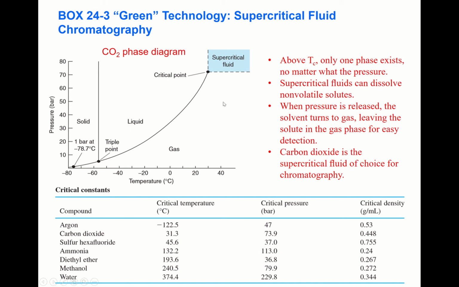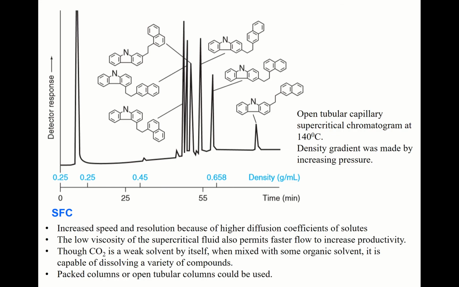You lower the pressure, and the supercritical CO2 immediately becomes gas, leaving the solute behind for easy detection. Carbon dioxide is the supercritical fluid of choice for chromatography, applied to separate compounds.